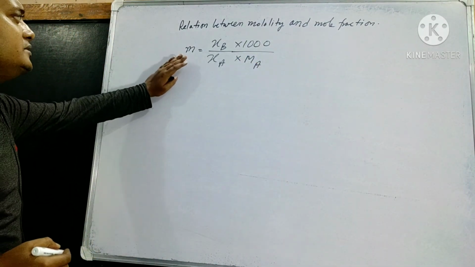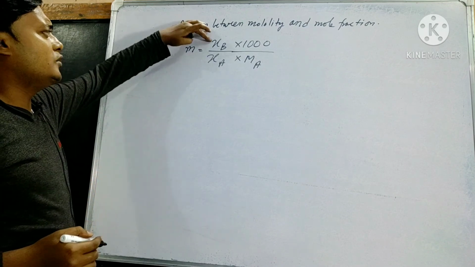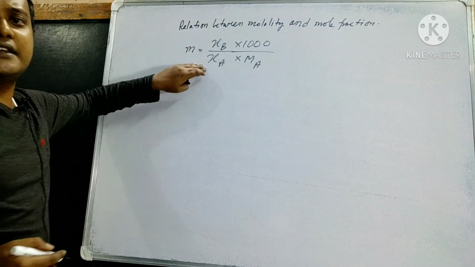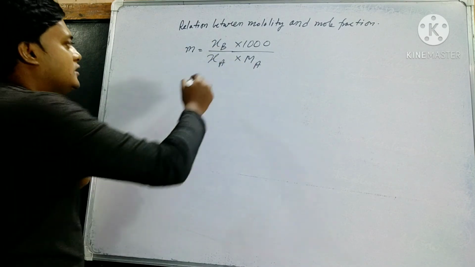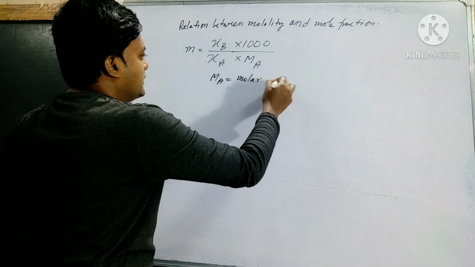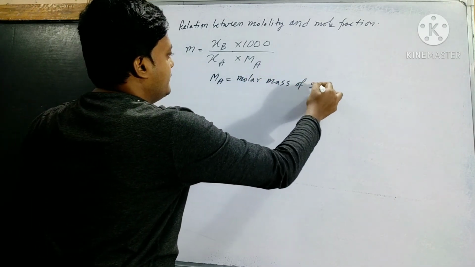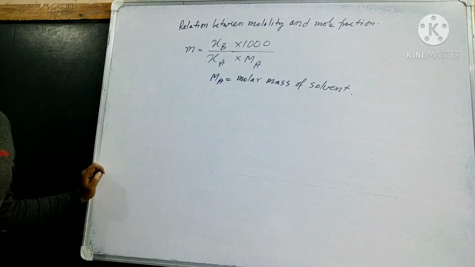Molality equal to Xi B by Xi A into 1000 by MA. Xi B mole fraction of solute, Xi A mole fraction of solvent, and MA molar mass of solvent. That is the relation between molality and mole fraction.